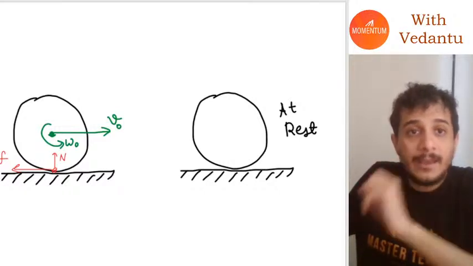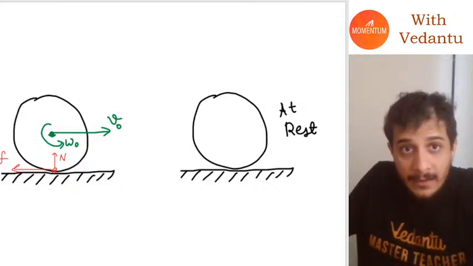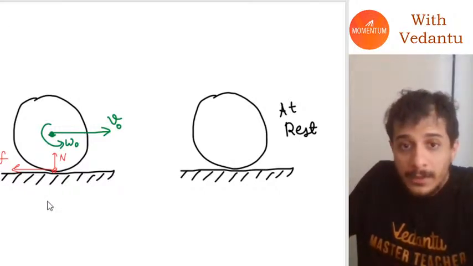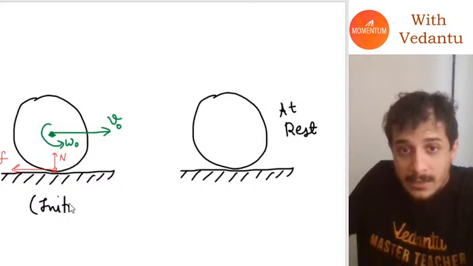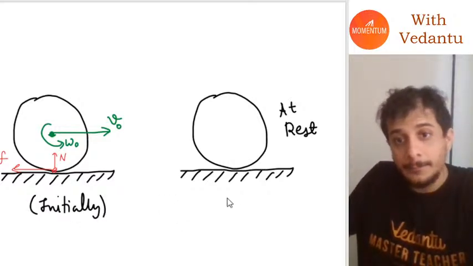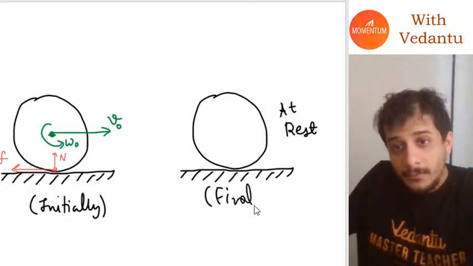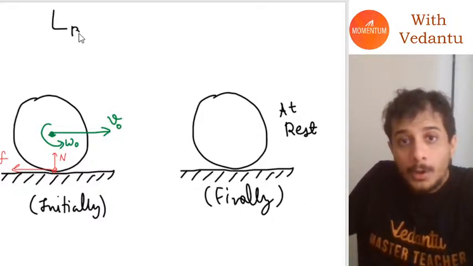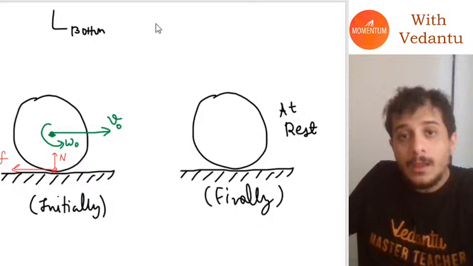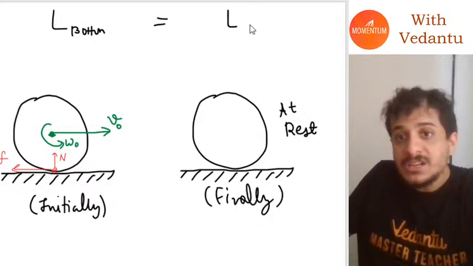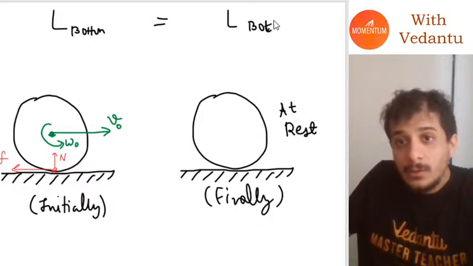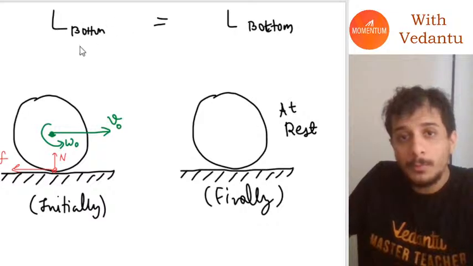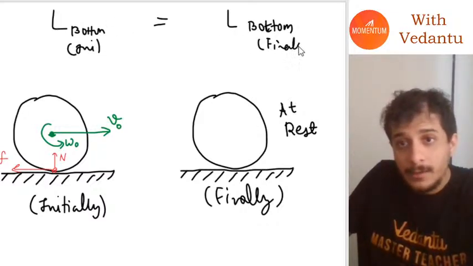So in this case, what I can say, guys, is that initially and finally, before it stops, the angular momentum about the bottommost point will be the same.